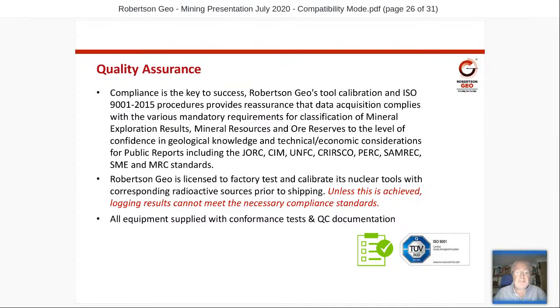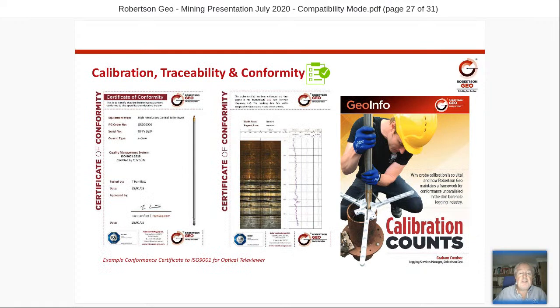And all the equipment is supplied with conformance tests and quality control documentation. And these are some examples of the certificates that are issued. So one is issued for every tool, dated by our test engineer, certified with an example of the log produced by that tool for a certificate of conformity.